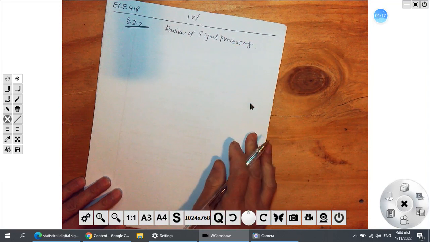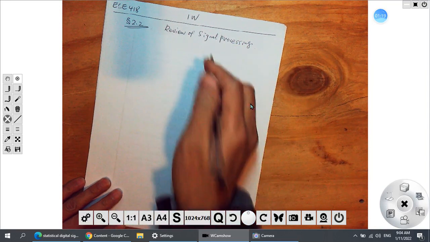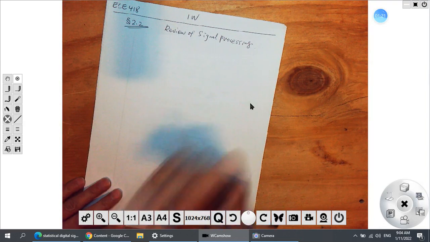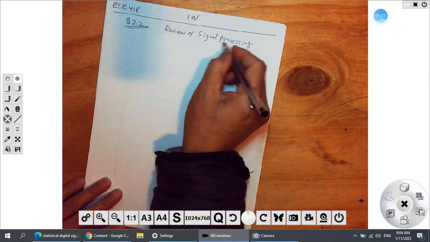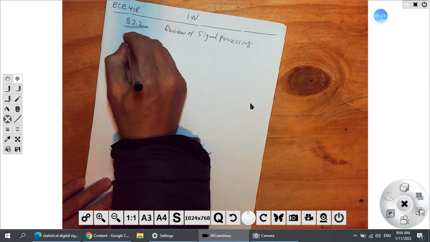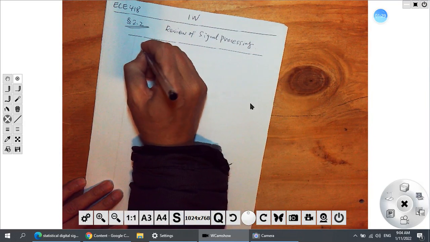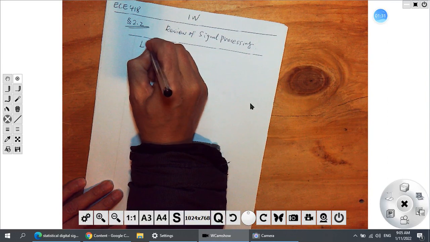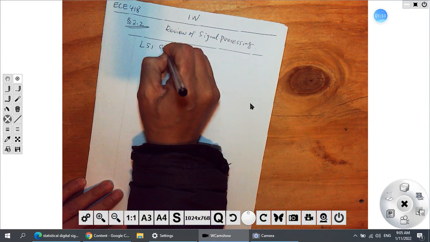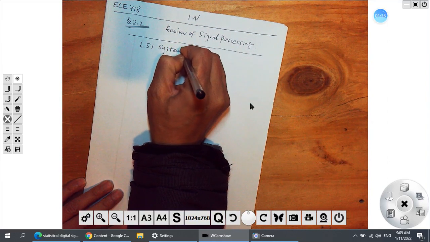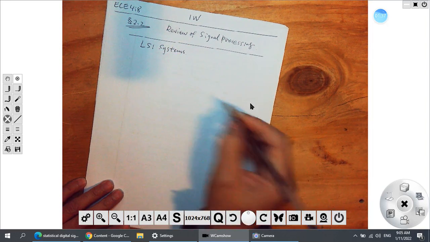Of course, this is just for some early things. This course is also signal processing, but this is a review of some early things. The most basic thing is the LSI system. What is the LSI system?